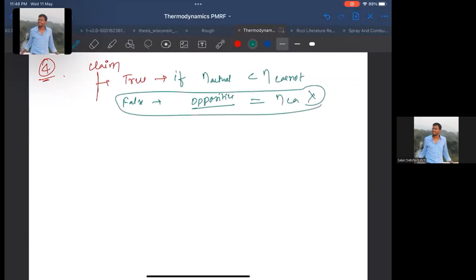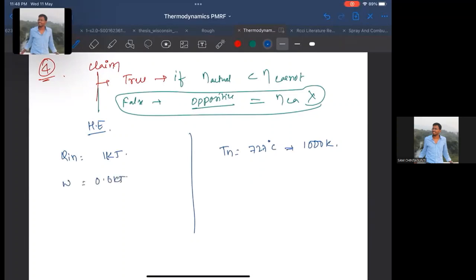Okay. So now let's solve it. So here it is given that it is a heat engine first of all, and QH is equal to 1 kilojoule, and TH is equal to 727 degrees, that is equal to 1000 Kelvin, and delivers 0.6 kilojoules of work. So work is equal to 0.6 kilojoules, and here TL is equal to 27 degrees centigrade.